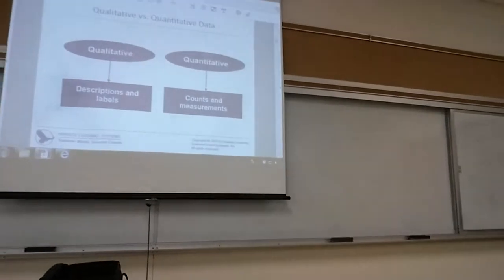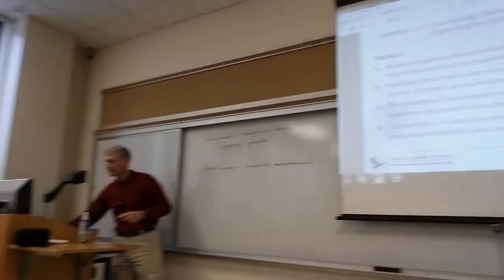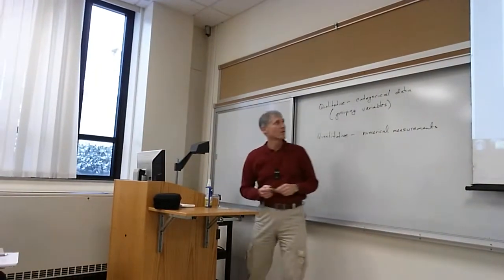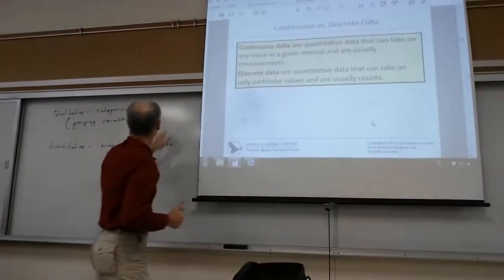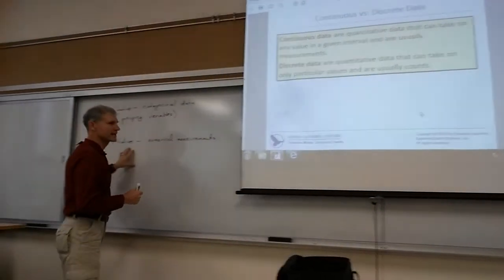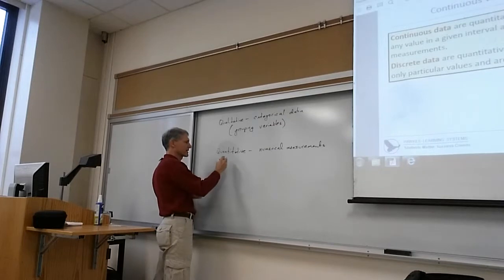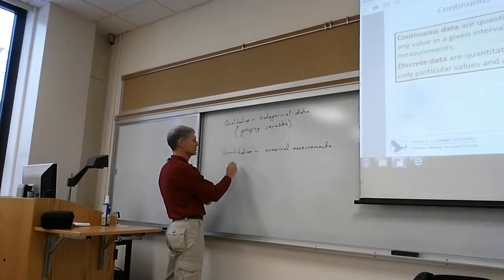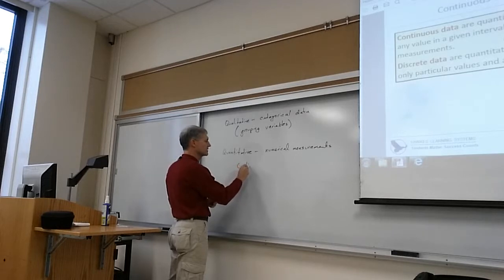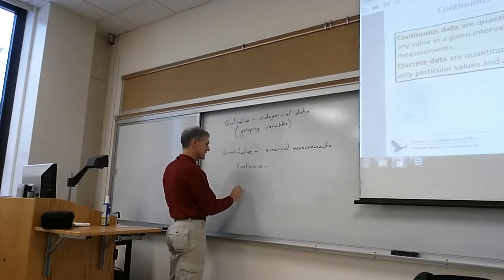Okay, so once we make the distinction between quantitative and qualitative, we can further break down these things into other subcategories. Quantitative data can be broken into continuous data or discrete data.